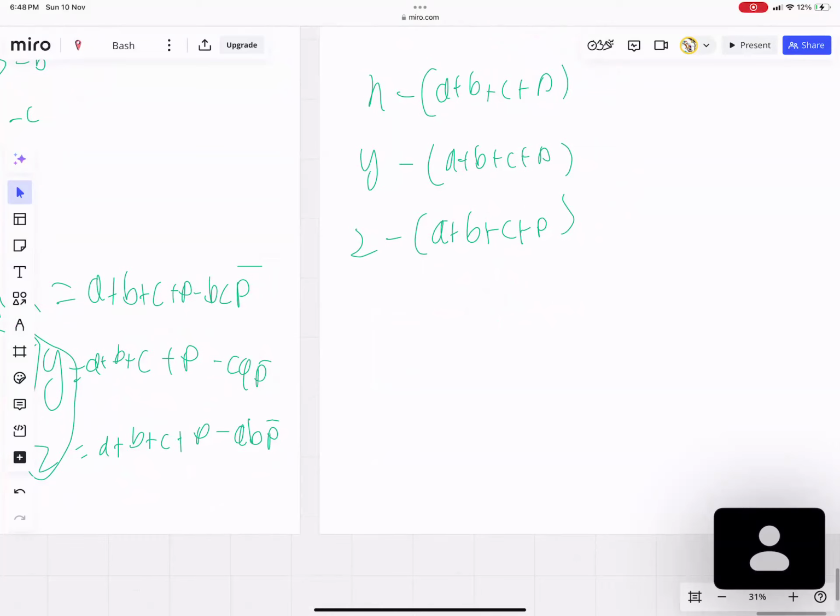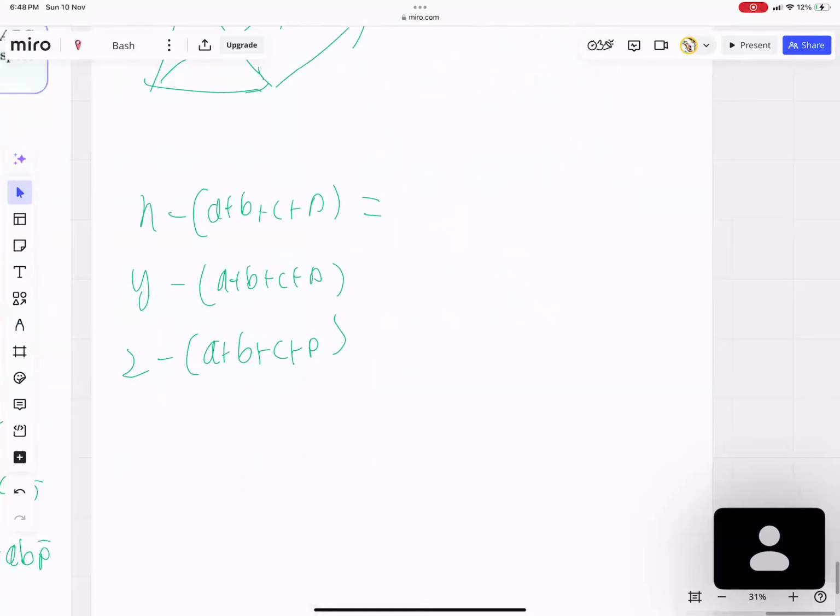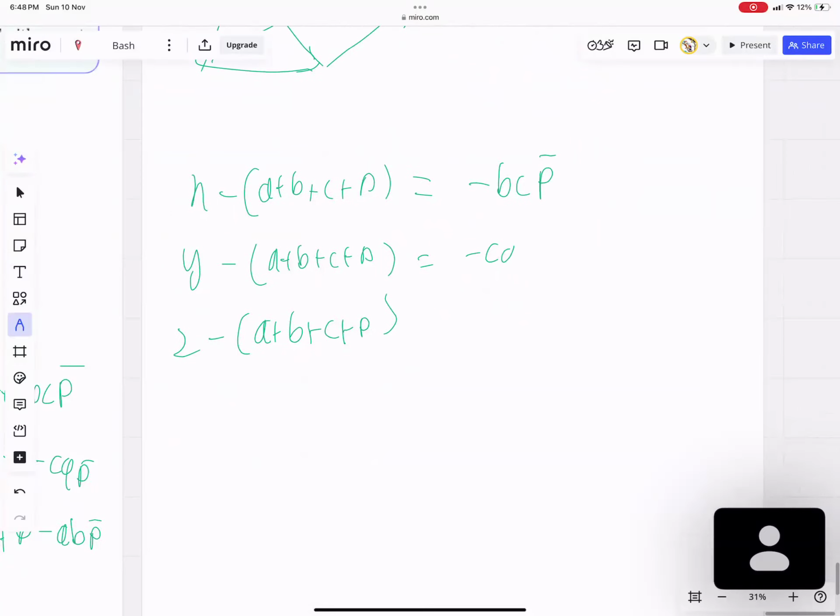Yes. And now this we know to be the negative of BC times P conjugate. This is negative CA times P conjugate, and this is negative AB times P conjugate. Okay. Now we do another trick.